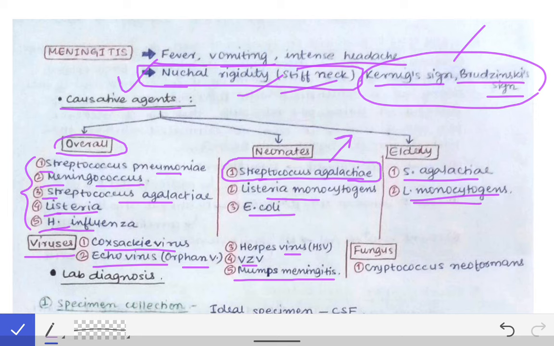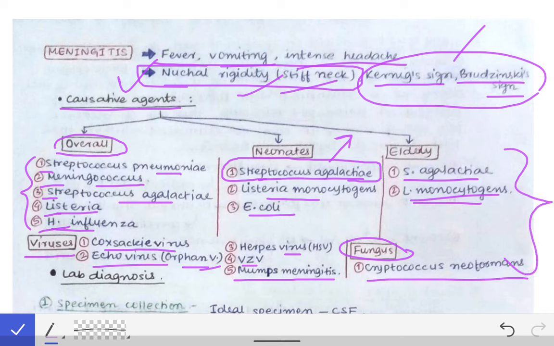So these are the five viruses which are causing meningitis. Now coming to the fungal causes. In fungus, the most common fungus which is causing meningitis is Cryptococcus neoformans. Remembering all these names is very important.